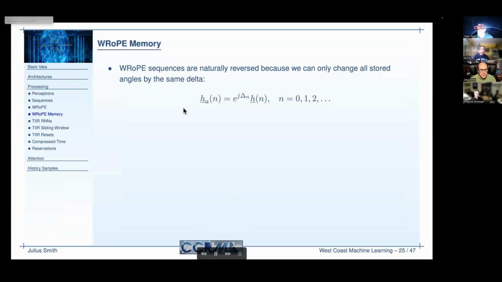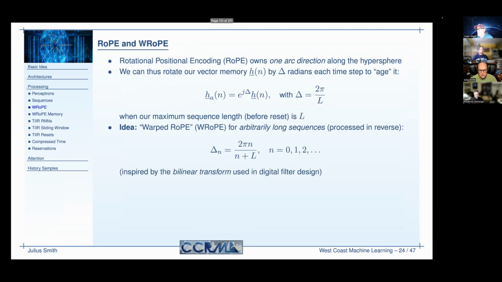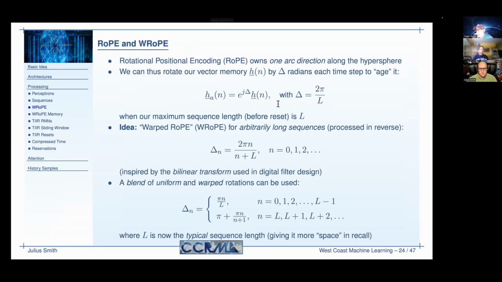So this is what I talked about last time. Just to recap, if you think of RoPE like this as just a delta by a fixed angle, and 2 pi over L is a good choice if you know your maximum context buffer is length L, then that all makes sense.